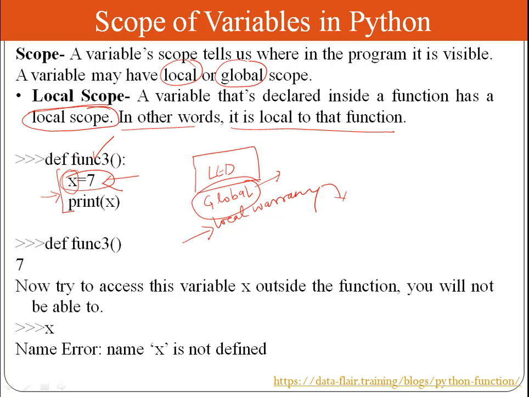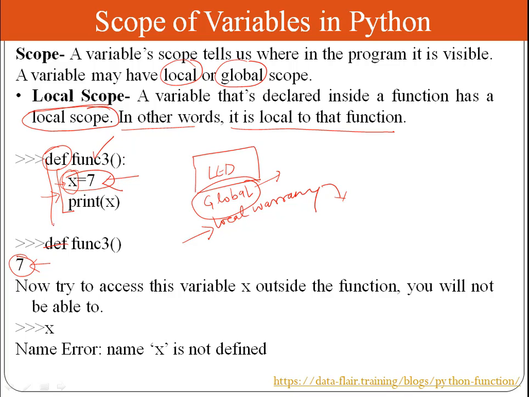Here we have defined one function with the name func3, where you have declared one variable x equal to 7. You are printing it, and when you call it, it gives the answer 7. Now try to access this variable. If I write print x at this indentation level, it will give you an error.